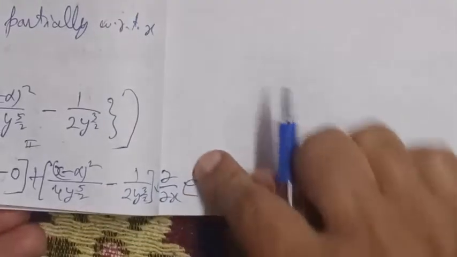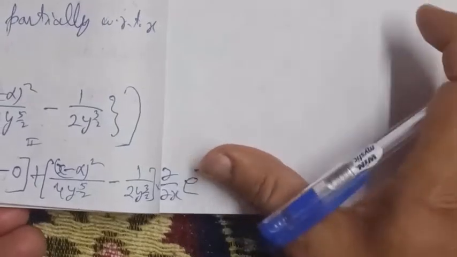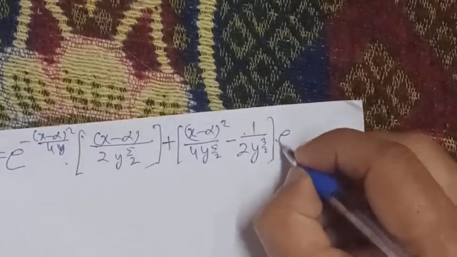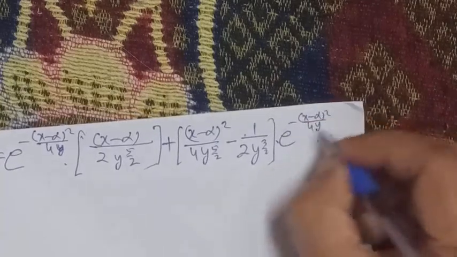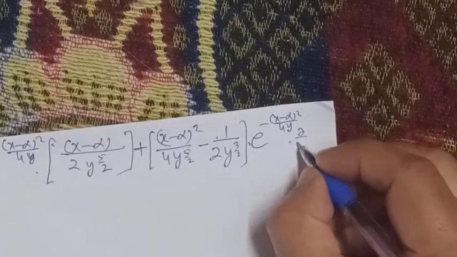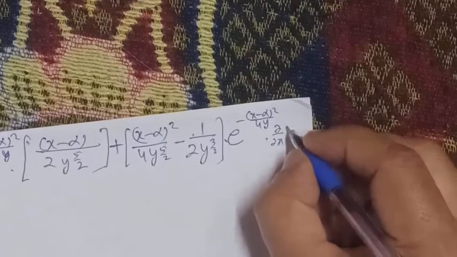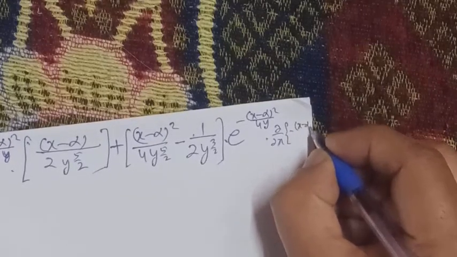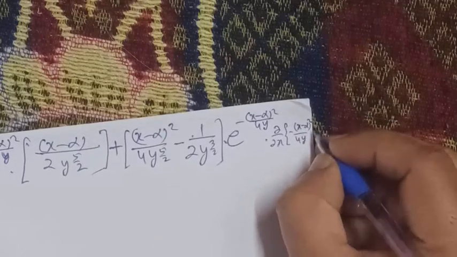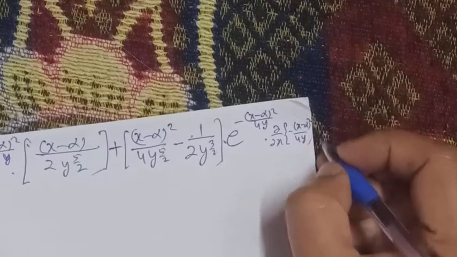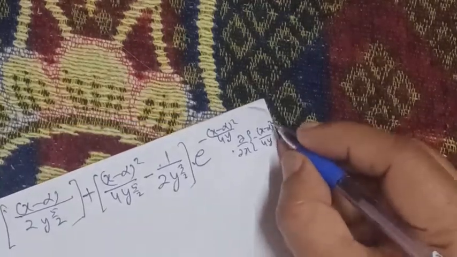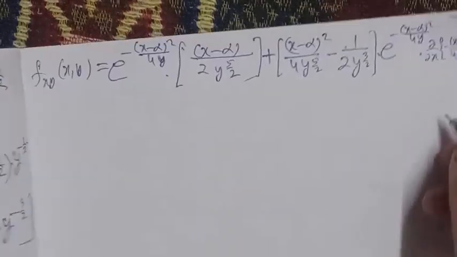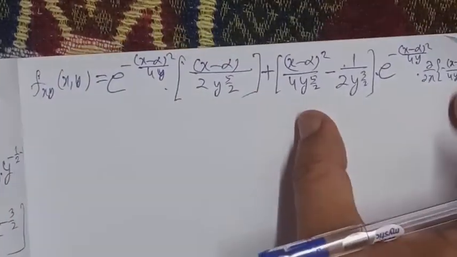We consider the power of e as x, so the differentiation of e to the power x is e to the power x. So I write e to the power minus (x minus alpha) whole square upon 4y. Since it is not x, I differentiate it with respect to x partially, differentiating (x minus alpha) whole square upon 4y. I have no space, so imagine this is a curly bracket. This is the first term and this is the second term.